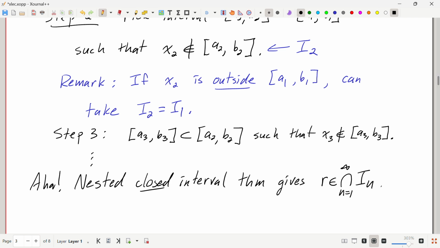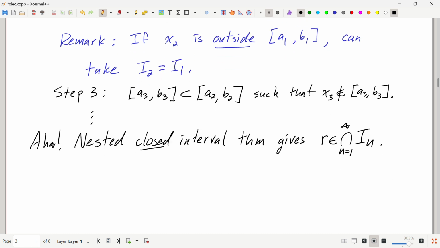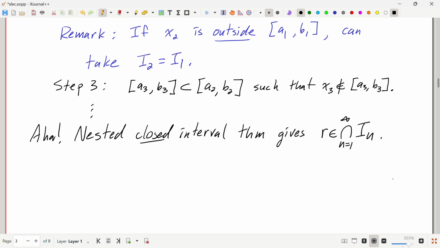And that means R is in every one of those intervals. R would be in each one. This is a diagonal argument. Let's see, so could it be X3? No, because X3 is in I3.